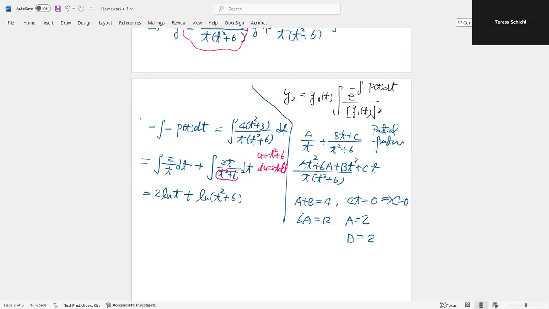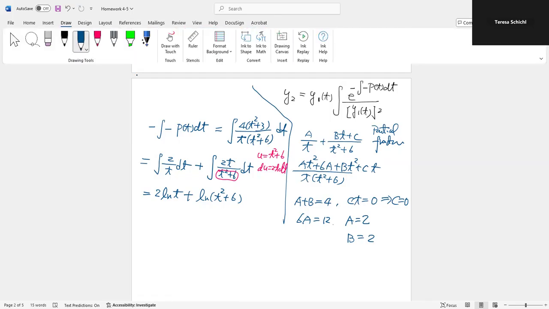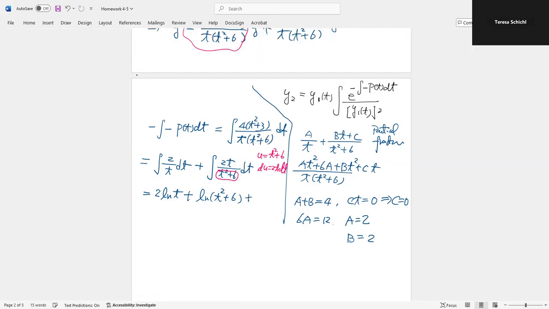So this problem uses several integration skills. Then you add the constant c1. So this can be written as natural log t squared plus natural log of t squared plus 6 plus c1.